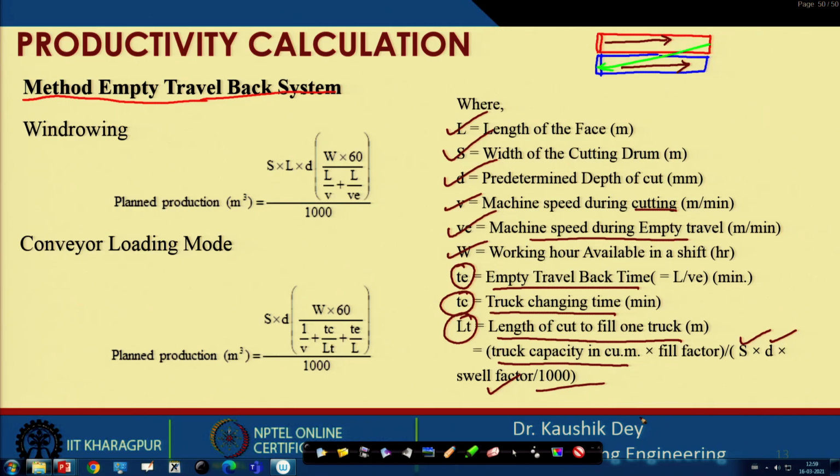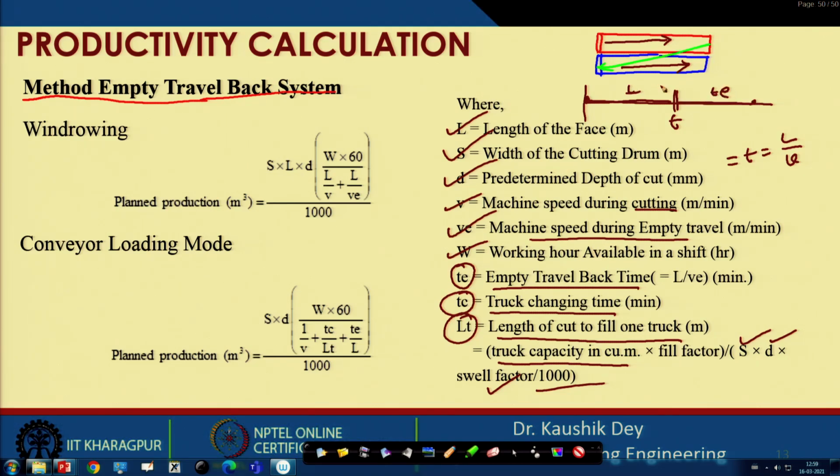Now let us look at the time cycle here. First, we start the cut at this position. It is cutting for windrowing and leaving the material up to a time t, where t is equal to L by V. Then it has to travel back empty, so there will be a time T e.